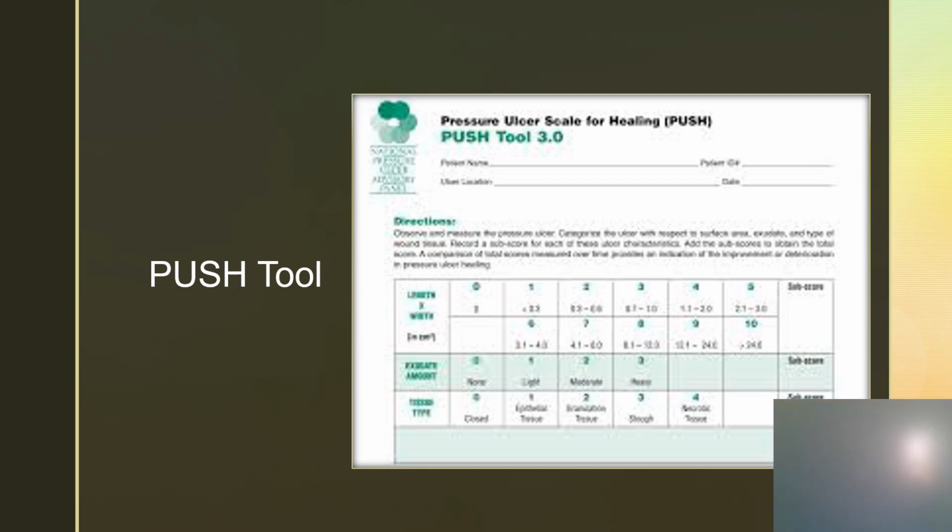The amount of exudate is matched up with the correct score, and then finally the tissue type is scored. Those 3 scores are then totaled to determine the PUSH score. So we do this on a week-by-week basis, and we can determine if the wound is improving or deteriorating, and we have a measurable tool to do this with.